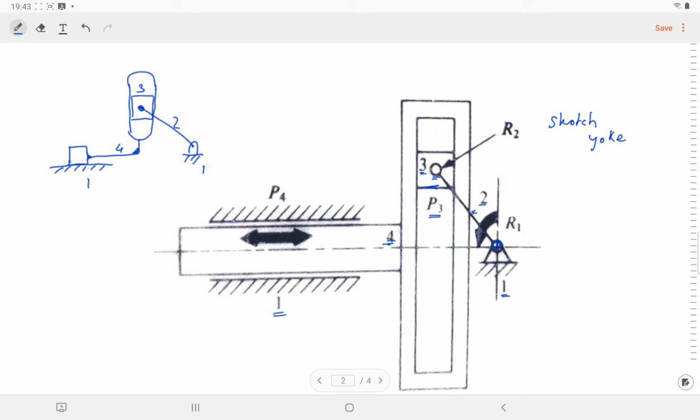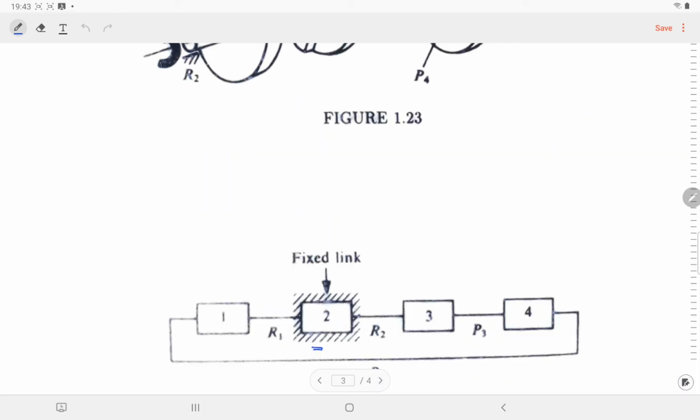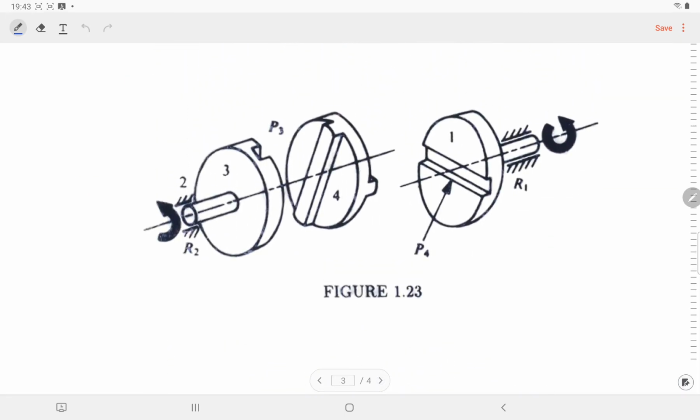Okay, so when you do the inversion, okay, maybe with that understanding, I want you to check this mechanism, and this mechanism will be achieved if we fix link 2. Okay, and this mechanism is known as Oldham's coupling.